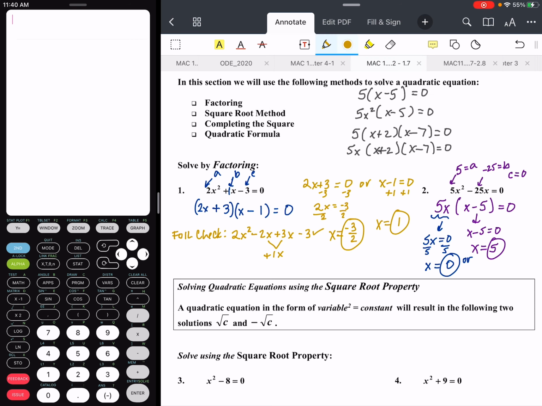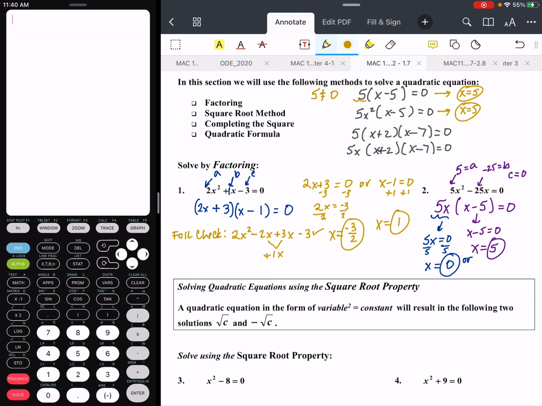For my top equation, x minus 5, set that equal to 0 to get my solution: x equals 5. 5 is a factor out here, but we can't set 5 equal to 0, right? Because those are both just constants, and we know that 5 is not equal to 0. If we look at the second example, similar to what we saw in number 2, now we have 5x squared times x minus 5 equals 0.